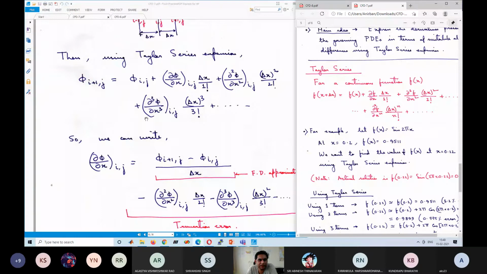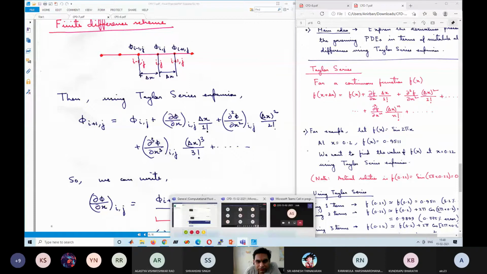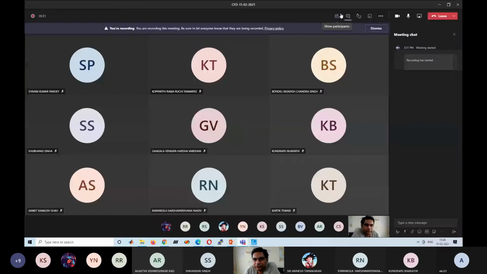So now we can write this by just rearranging the terms, because we are interested in the first derivative del phi del x. We want to calculate the first derivative del phi del x. So del phi del x, yes, please tell me. Any questions?